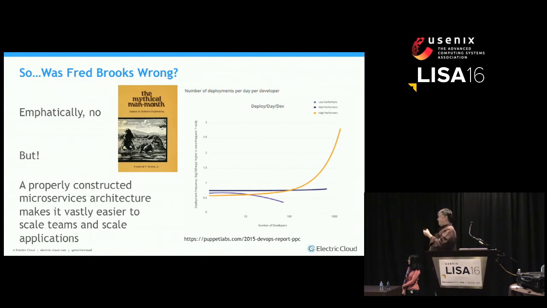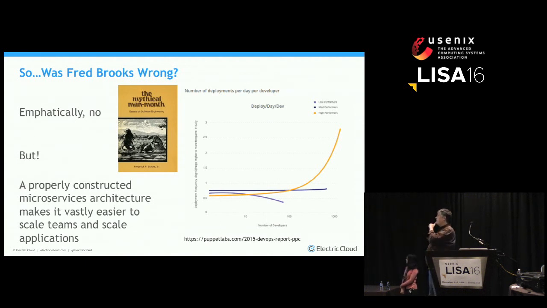But if you have the right number of people and you've decomposed an application properly, you can definitely skirt around the mythical man-month limitations, right? If you've truly got independent teams working independently, and they've got APIs that they service that are carefully nurtured and cultured and all of those kinds of things, then yeah.